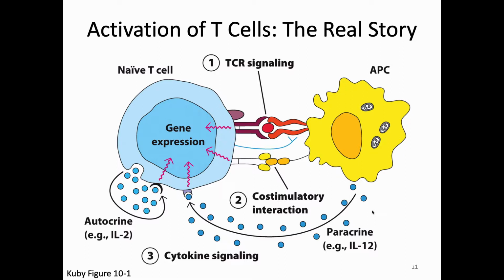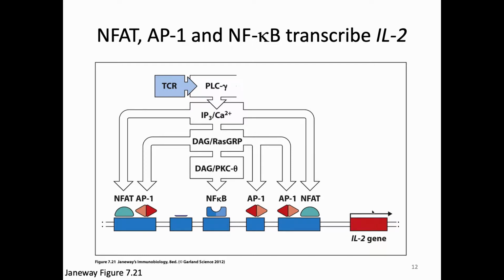And IL-2 is super well studied in immunology. What we know is that in order to transcribe IL-2, we need to have 3 transcription factors made, and they need to be all made at the same time. We need a transcription factor called NFAT, we need a transcription factor called AP1, and we need a transcription factor called NF-kappa B. If all 3 are made in combination, they can all bind in this promoter region and lead to IL-2 transcription.